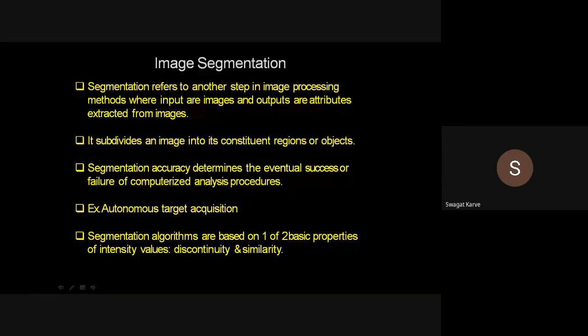Okay, now the next part that we are going to discuss is image segmentation. So why do we require this image segmentation process, or what is the need of this process?